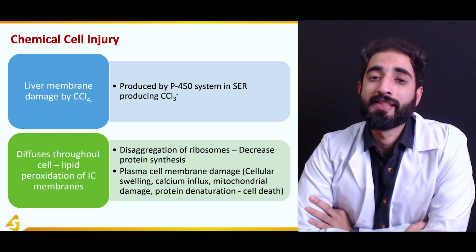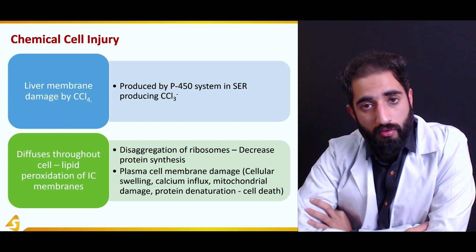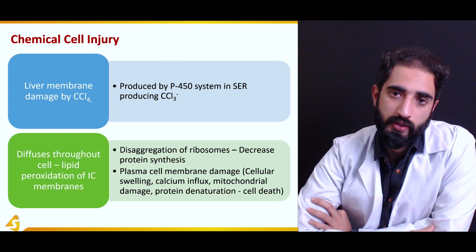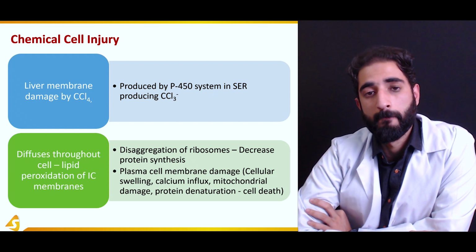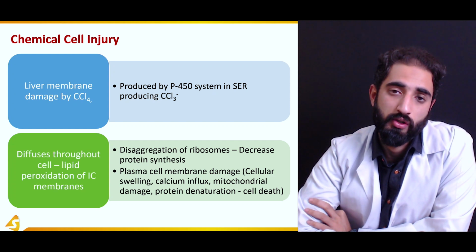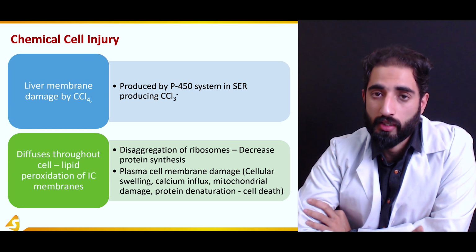Now, another important thing is the chemical cell injury. Different types of chemicals can also cause cell injury, similar to hypoxia and free radicals. Here we are going to take an example of the liver, in which liver membrane damage occurs by carbon tetrachloride.